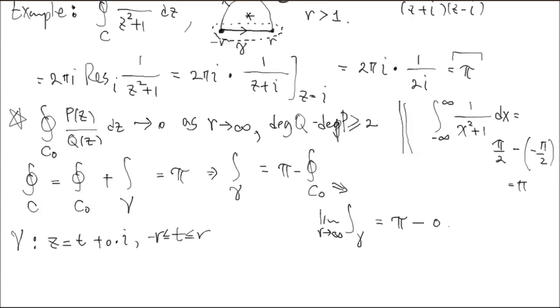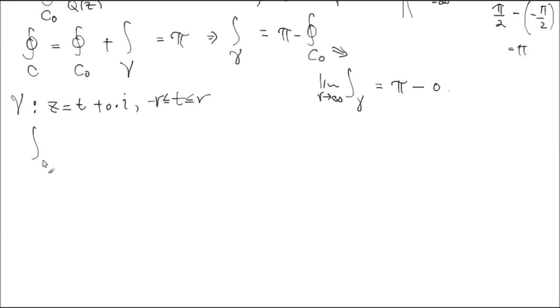Yeah. Now we have to enter this gamma part of 1 over z squared plus 1 dz. Now let's enter the parameterized version. So what is the t value varying here? t from where to where? Negative r to positive r. It's the bottom line in here.